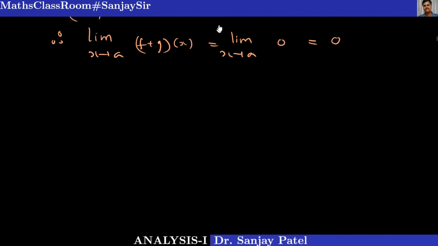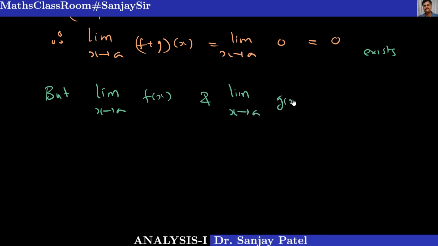So I can say this limit exists, but limit x tends to a f(x) and limit x tends to a g(x) both do not exist. So the converse of that result or working rule is not true, or the conditions in the working rule are not necessary. They are only sufficient condition.